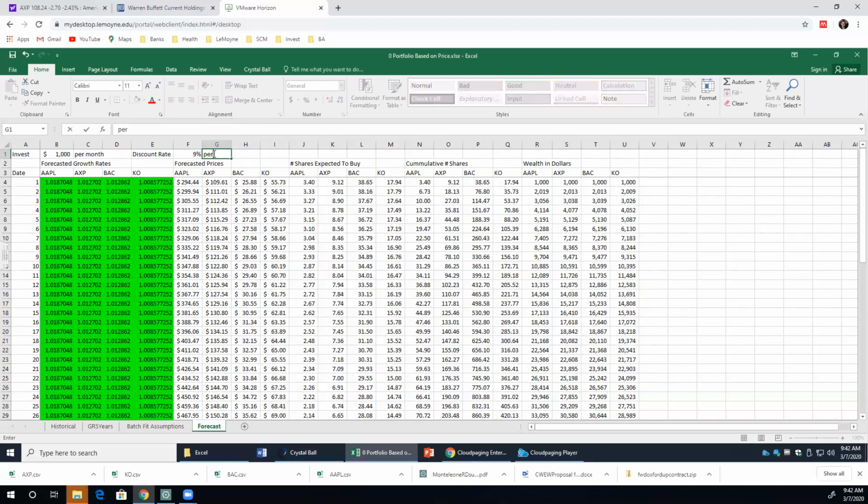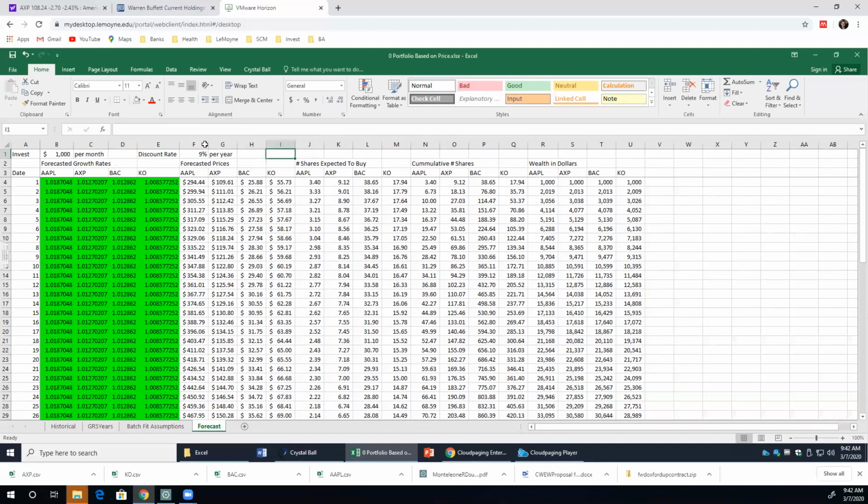However, I want to calculate this discount rate per month. So that will make more sense for my calculations. So discount rate, let's calculate per month.